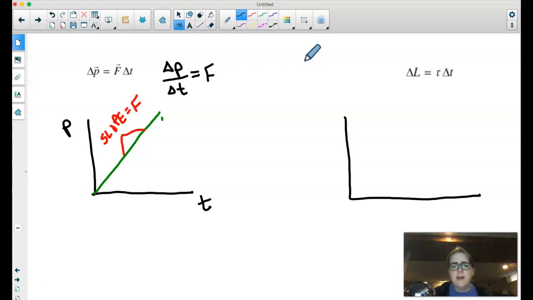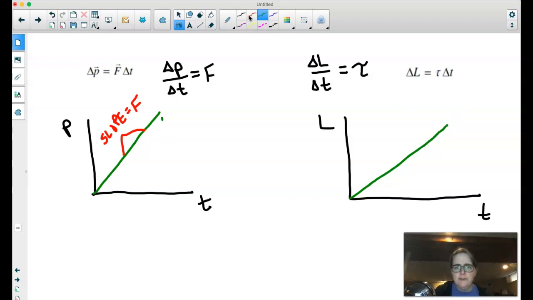So now instead of momentum over time, I'm going to have angular momentum over time equals torque. So if I have angular momentum on the vertical and time on the horizontal, then the rise of this graph is the change in angular momentum, delta L. The run on this graph is the time, delta T. And so the slope is going to be delta L over delta T, which is torque, or the Greek letter tau.